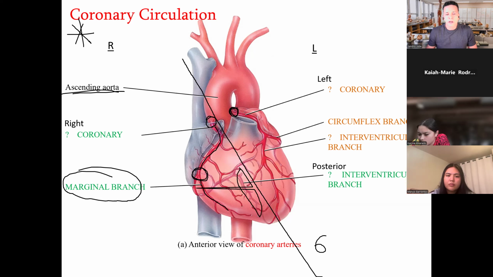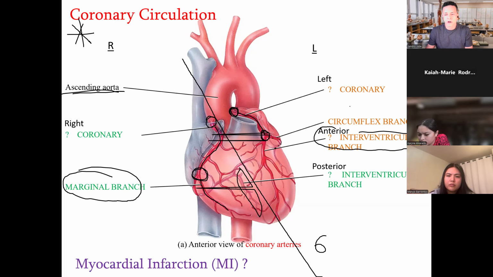Let's follow the left coronary now. When the left coronary gets to this point right here, it's going to split into two major branches. One in the front called the anterior interventricular branch, and the one going towards the back side of the heart. This is what we call the circumflex branch. Okay?